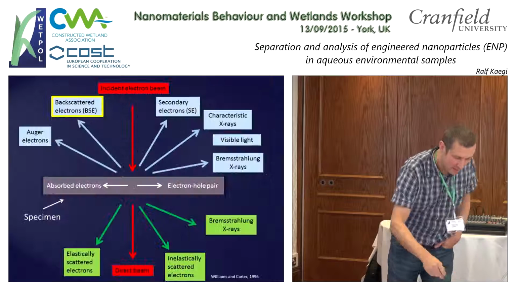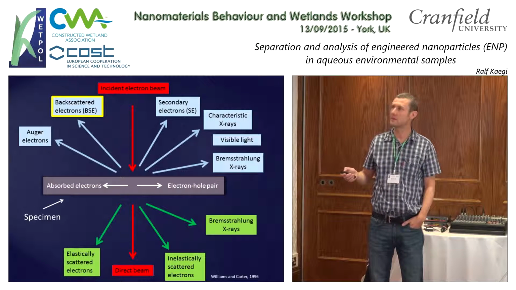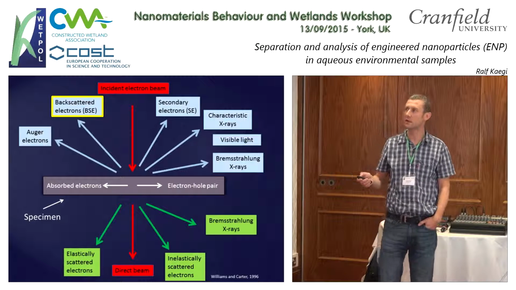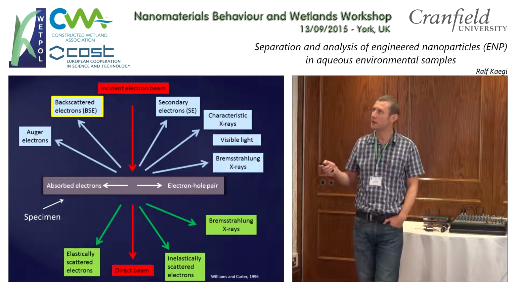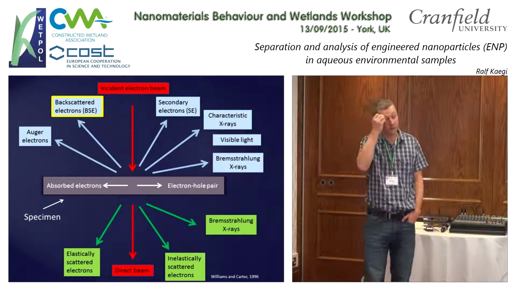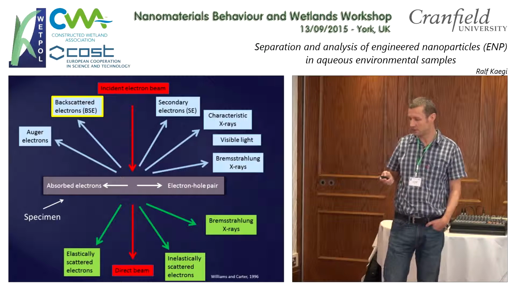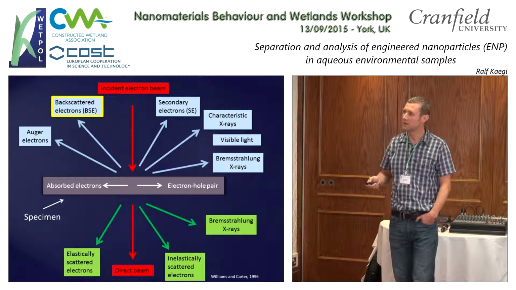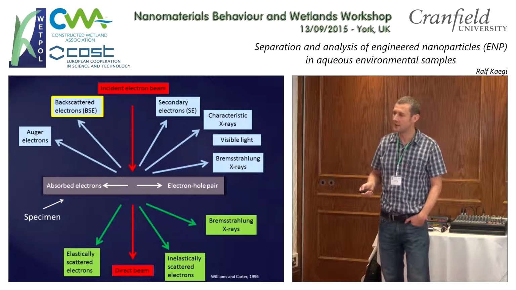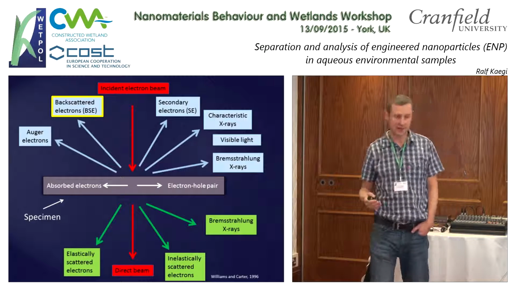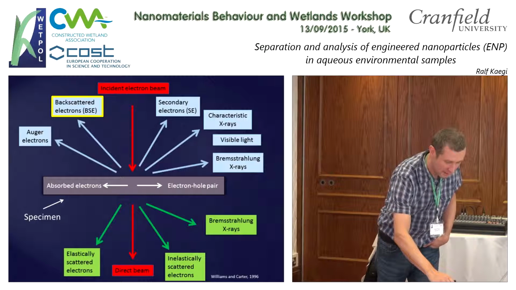There are many different signals that you can detect, and that's just a selection here. Most important in the scanning electron microscope are backscattered electrons, which give you an indication about density contrast. The secondary electrons give you information about the morphology and topography of the sample. I'll talk about this a bit later. In the transmission electron microscope, or if you use a transmission detector, elastically and inelastically scattered electrons are important too, which also give you some analytical information.